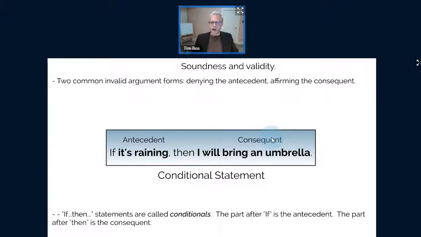The consequent is not then I will bring an umbrella or anything like that, right? It's simply the statement I will bring an umbrella. And if I were to say, how would you deny the antecedent? You would say something like, it's not raining. Yeah? Or deny the consequent: I will not bring an umbrella. So that's just breaking down some of the vocabulary so we can more easily talk about these statements.